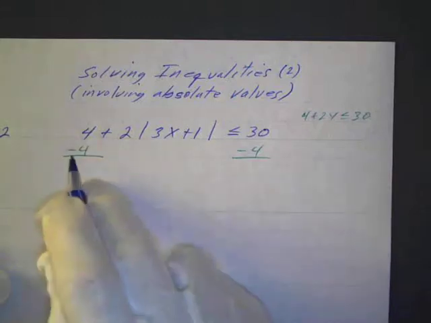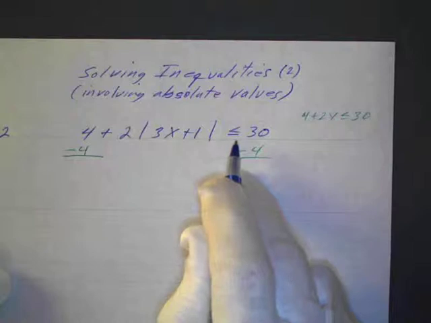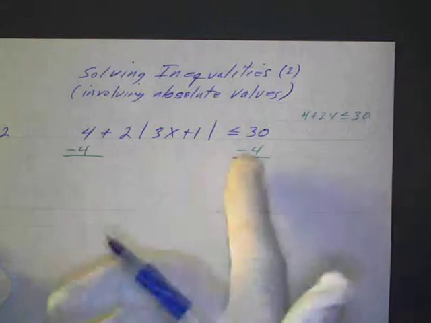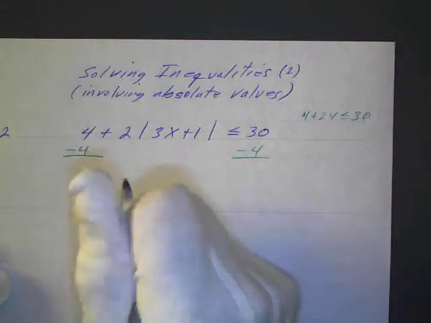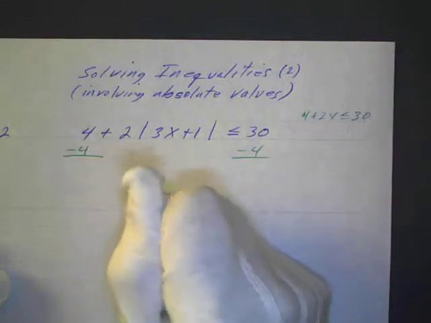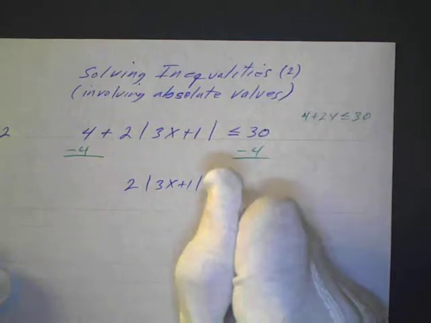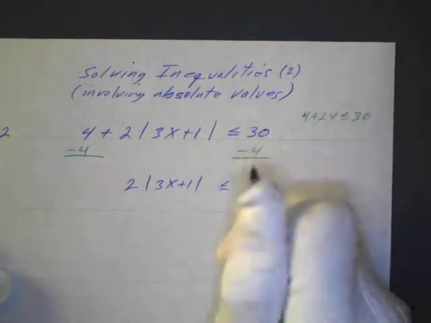And again, remember, we can add or subtract the same number from both sides of an inequality and it doesn't change the direction, or we can multiply or divide by the same positive number. It's only when we multiply or divide by a negative number that we have to change the direction of the inequality. So now I've got 2 times the absolute value of 3x plus 1 is less than or equal to 26.